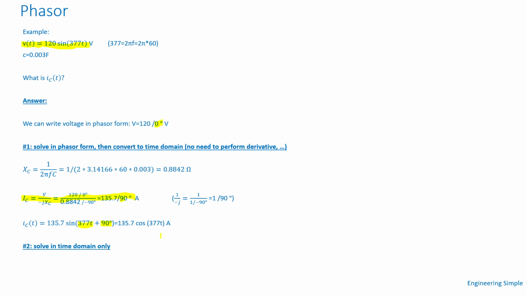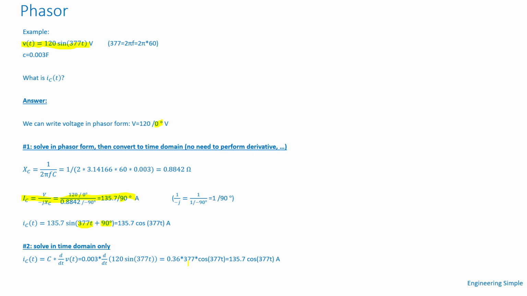You can see solving this problem in frequency domain was easy because I didn't have to do integration or derivatives. Now let's solve in time domain only. Current is capacitance times the derivative of the voltage with respect to time. If you plug in all the numbers, the derivative of sine is just cosine, and the derivative of 377t is just 377.